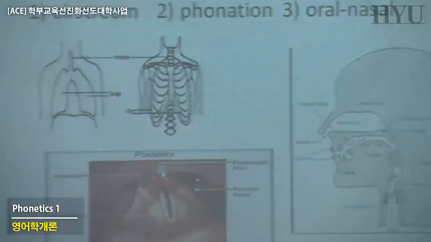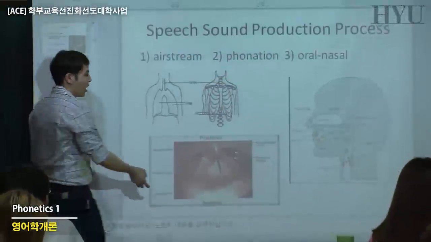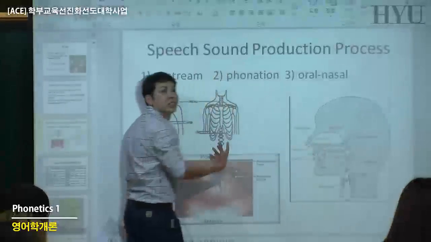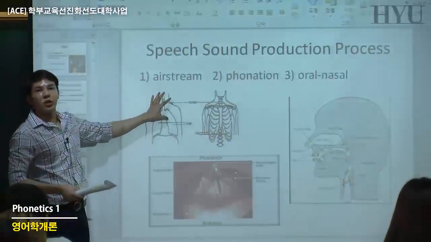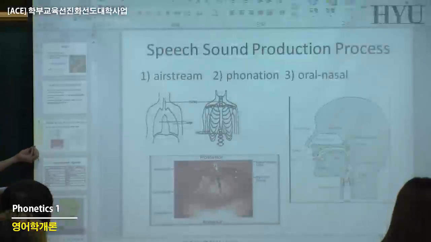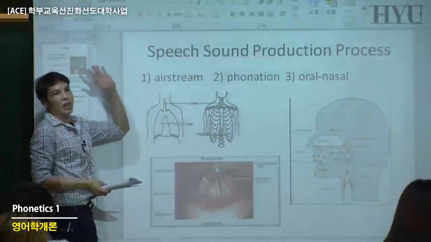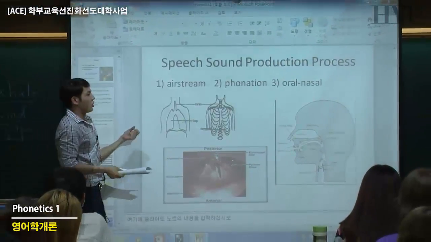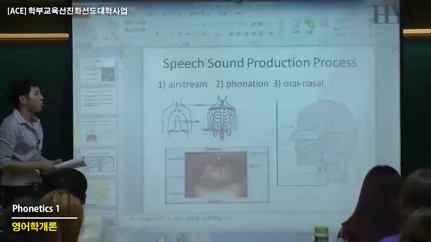So the fact that you have so many different speech sounds is because of the second step, and also because of the third step, principally, okay, mainly. The first step can also change the sound, but in English, we just use the air from the lungs. In other languages, they could use different sources of air, okay?